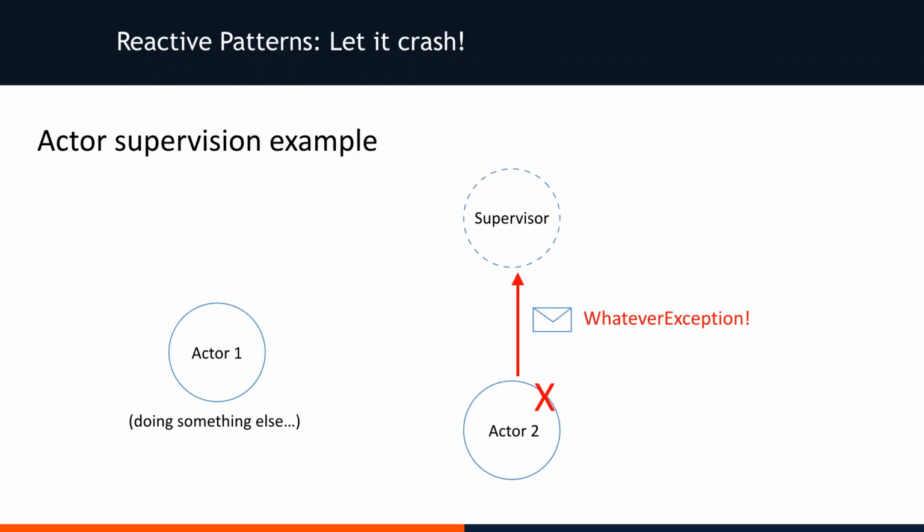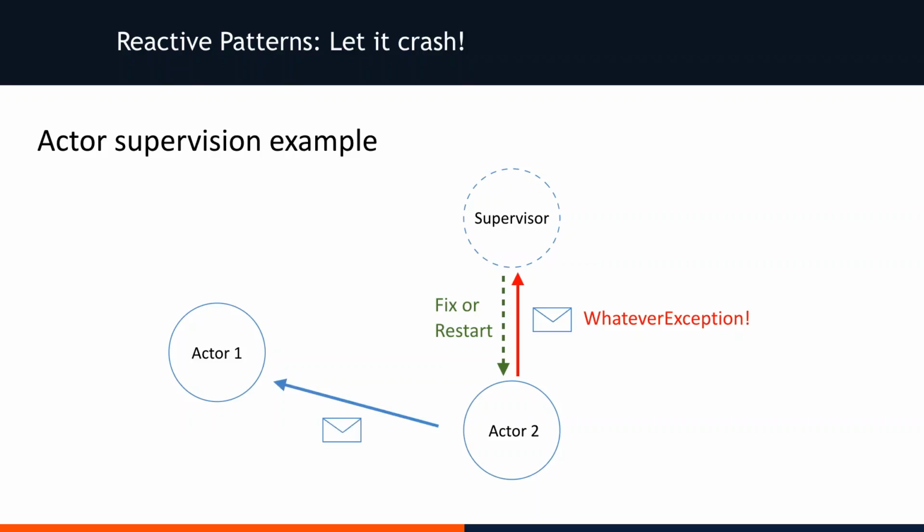At this point, the supervisor is in charge of dealing with this failure, and he knows what to do. So maybe fix it or restart it. There are different options, if you're curious, for what to do. But let's say the situation is fixed, and now the error is gone, and actor 2 can resume its work.